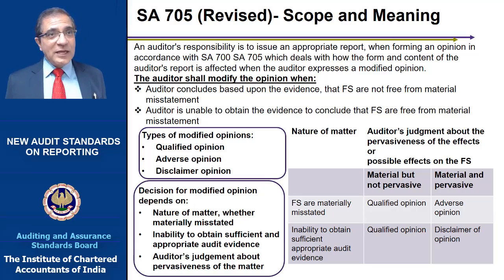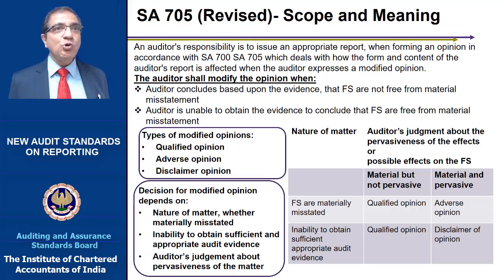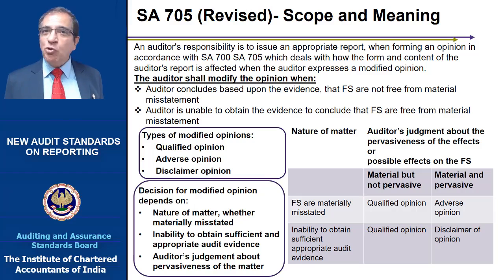Second scenario, even if the auditor does not have enough information or is unable to obtain sufficient and appropriate audit evidence, and he believes, having assessed the entire situation, that the impact is going to be material and pervasive, then the auditor will have no option but to disclaim an opinion. You look at it very factually and look at it from an auditor's perspective.